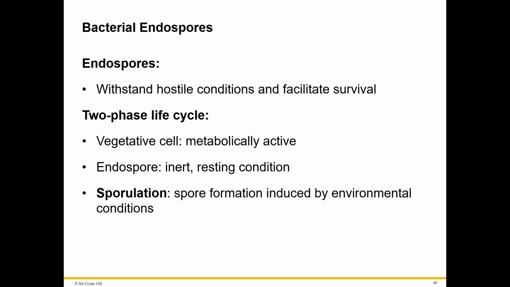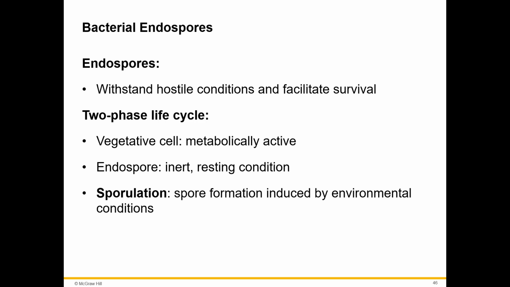Now it can sense that there's no nutrients, it can sense that it's drying out, so the bacterial cell is going to quickly copy its genetic material and start to produce an endospore. The bacterial cell itself is going to die off, but that endospore is left behind from the inside of that bacterial cell. Now that endospore can stand there forever, and that endospore can be touched by someone else, and that's how those types of infections can be transmitted.